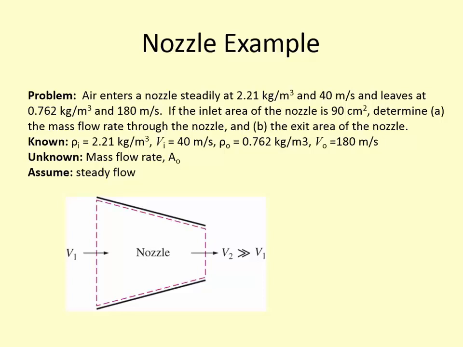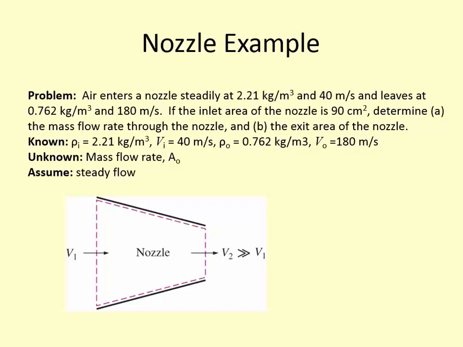If it's not said, you can know the density based on the units. And the air leaves at 0.762 kilograms per meter cubed and 180 meters per second. So we're given the initial and the final density and velocity in there. If you weren't sure what those values meant, you would need to go look at the units and make sure you remember and understand what those represent.